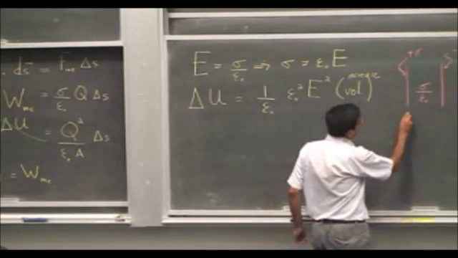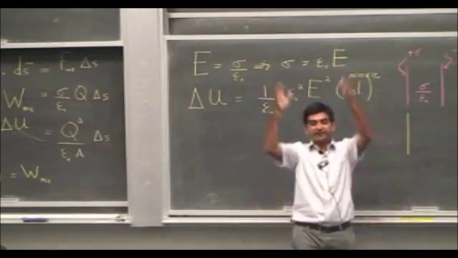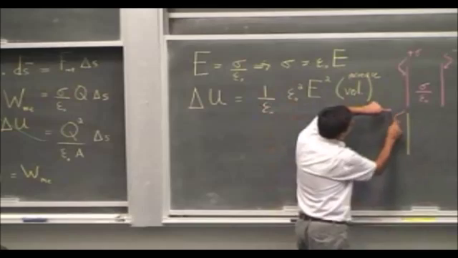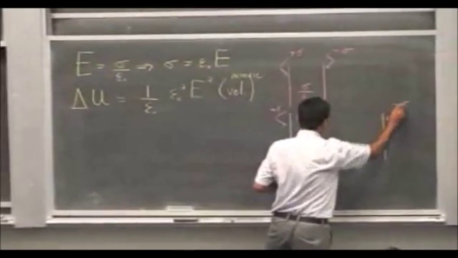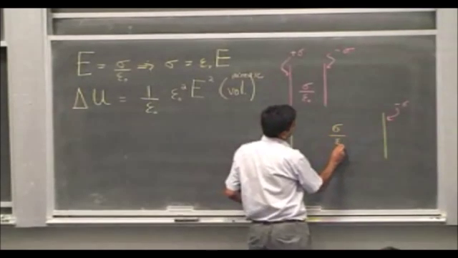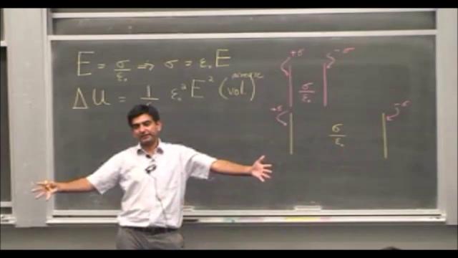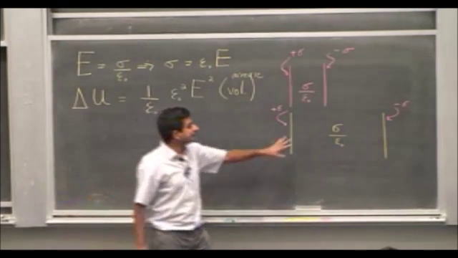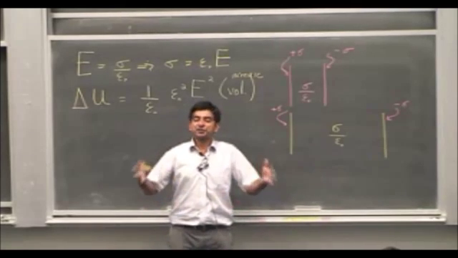Now if I have plates that are further apart, and these plates are again infinitely sized, and plus sigma is the charge density here and minus sigma is the charge density here, then the electric field will still be sigma over epsilon naught, no matter what the separation between the plates is. But the only difference is that this electric field is now spread over a larger volume.